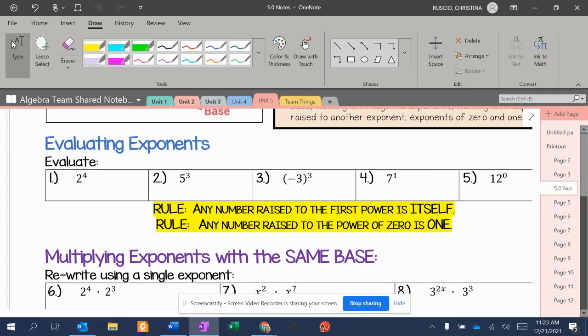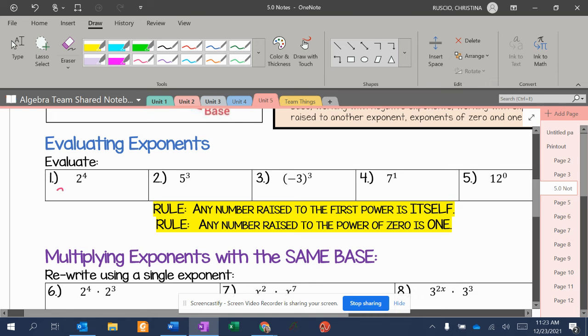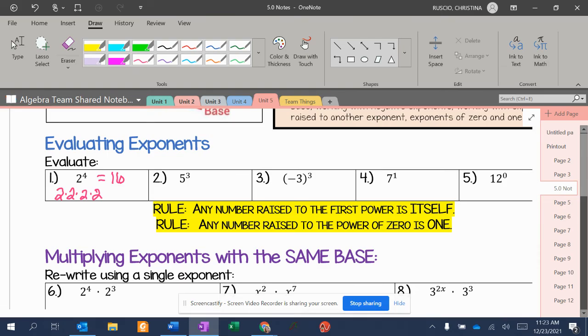So when I see 2 to the 4th power, to me that just means 2 times 2 times 2 times 2, which is, 2 times 2 is 4, times 2 is 8, times 2 is 16. Okay, that is how we will find our answer for 5 to the 3rd power. That's 5 times 5 times 5.